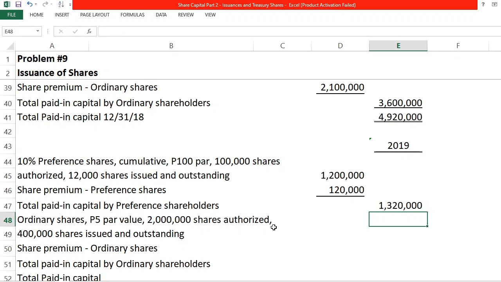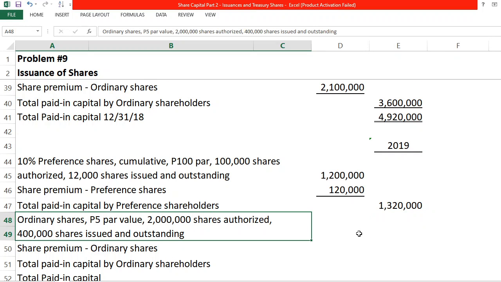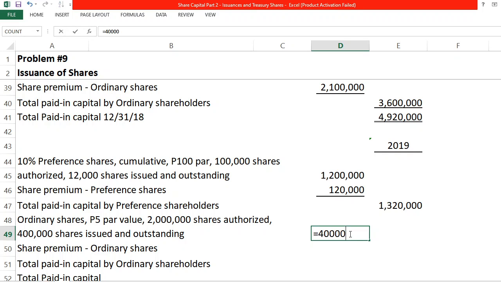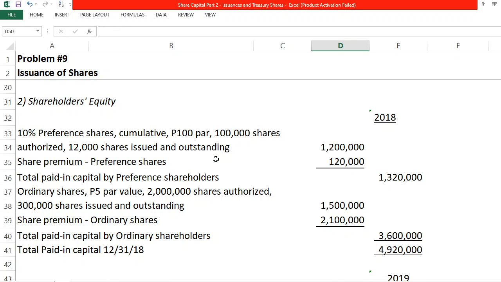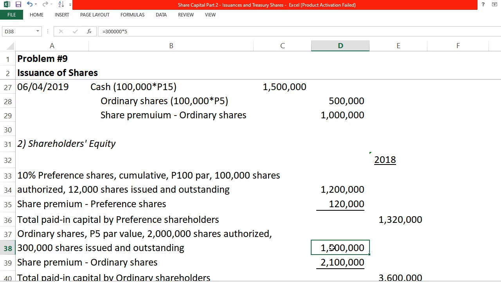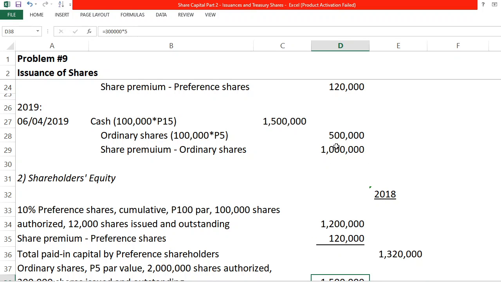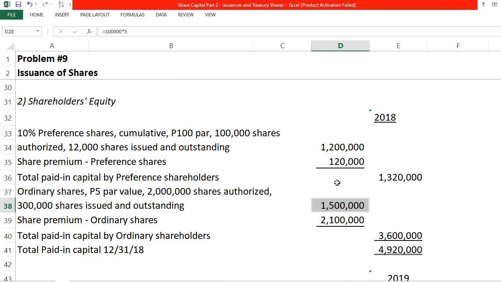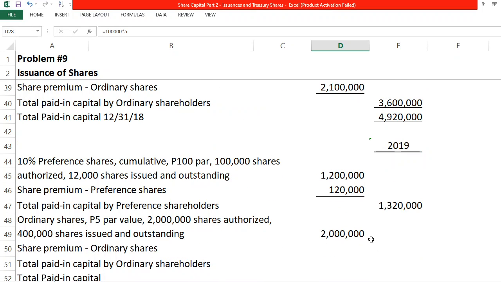How about our ordinary shares? This is the time it is 400, because the other 100 is included. So that is 1.5 at the end of 2018 plus 500 for the June 2019 transaction. I guess 1.5 plus 500, that's 2 million.